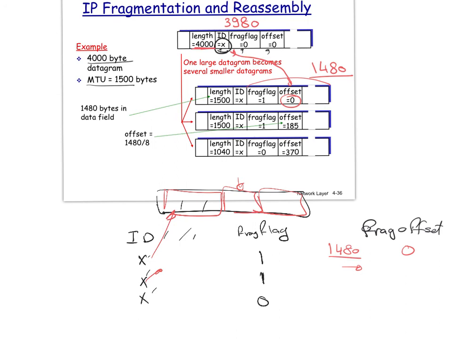Ironically, the fragment offset refers to 8-byte words, which means that this number should be divided by 8. That's why here it's 185. 185 is actually 1,480 divided by 8. And this one is 1,480 times 2 divided by 8, and so on.